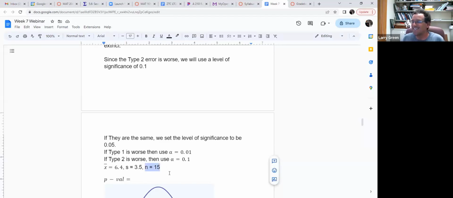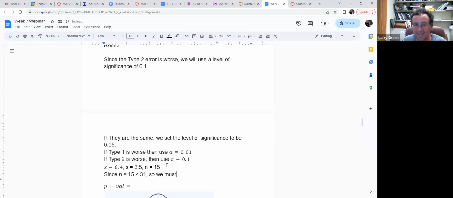There it is, N equals 15. Okay, the answer is yes, we have to make an assumption. N is 15, that's less than 31, which means we must assume that the distribution is normal. It's not greater than 30, it's less than 31.